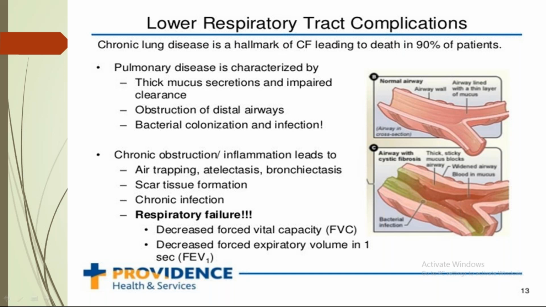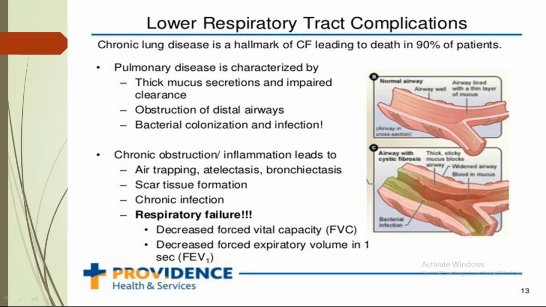Chronic inflammation can also lead to air trapping, atelectasis, bronchiectasis, leading to scar tissue formation, and again chronic infection. This is a vicious cycle of infection, obstruction, and infection, finally leading to respiratory failure, which is the most common cause of death in patients with cystic fibrosis.